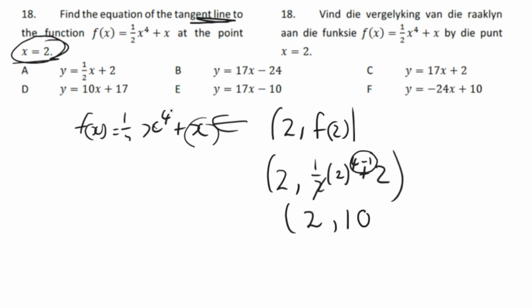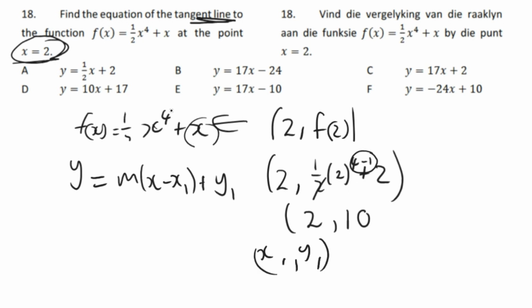Now, the equation of a line is given by y equals m into x minus x1 plus y1, where x1 and y1 are this point, 2 and 10. So the equation of a line is m, that is 17, into x minus 2, plus 10.